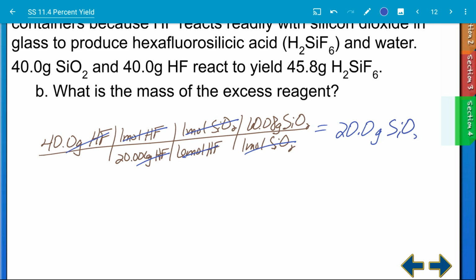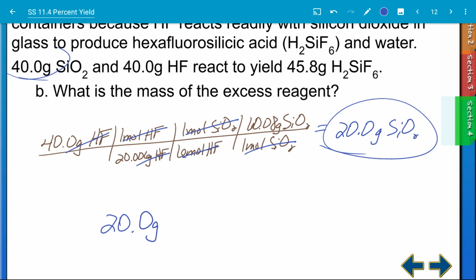So that means I only use 20 grams of silicon dioxide. I have 40 grams of silicon dioxide. So I have 20.0 grams of silicon dioxide remain, and that is after I've completed the reaction. I'll have that much as my excess reagent.